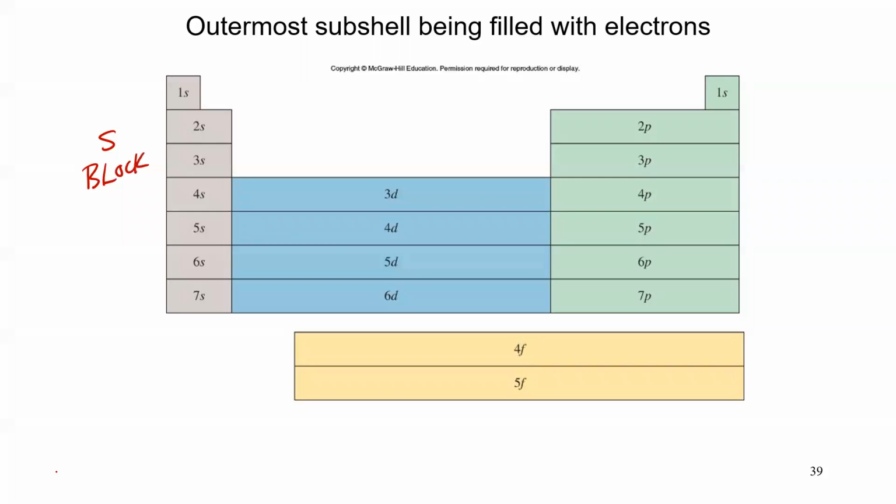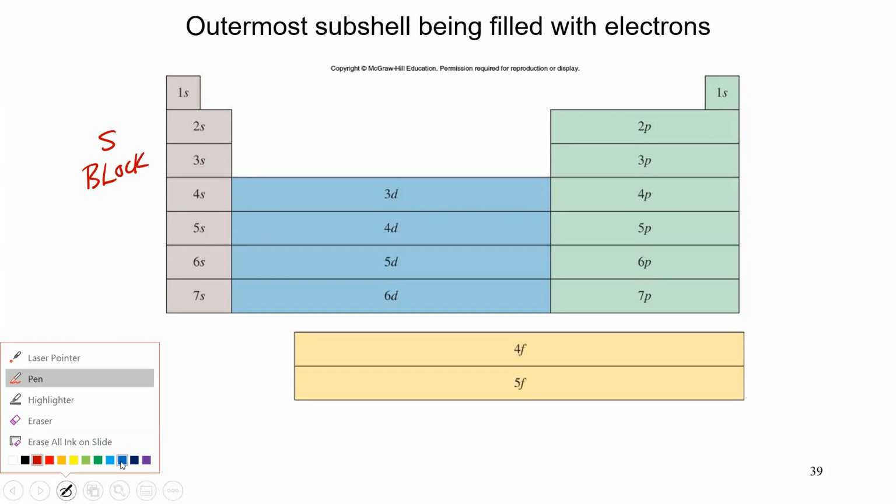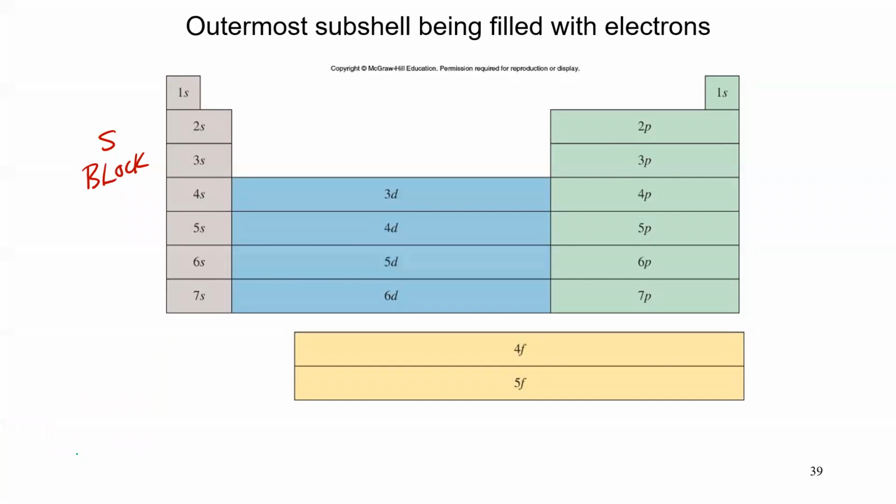For all those elements, their last electron is in the S subshell. Over here we have the P block for all those elements except helium. Notice that helium really belongs over here, because it has an S.